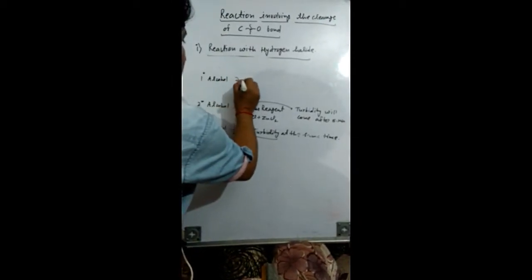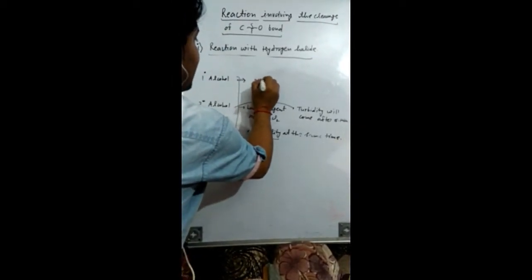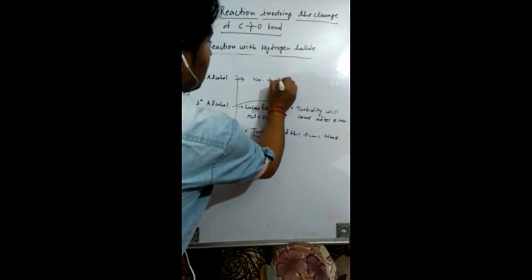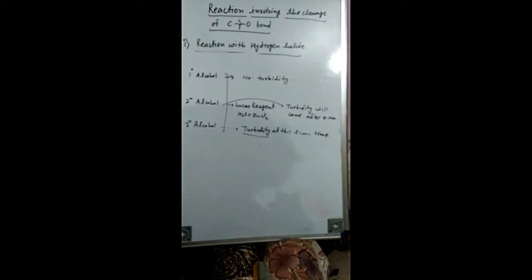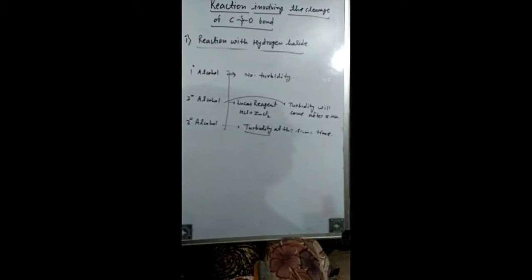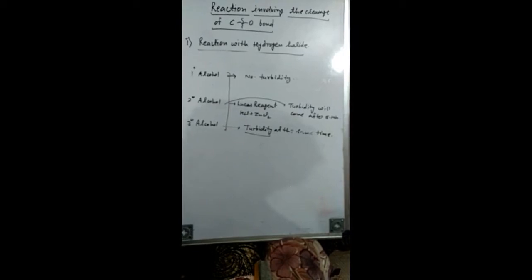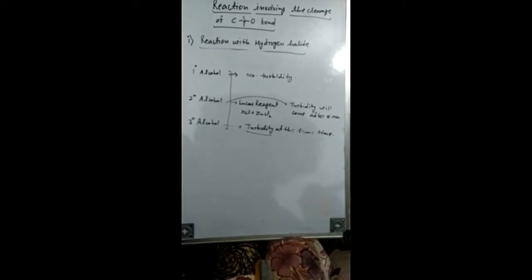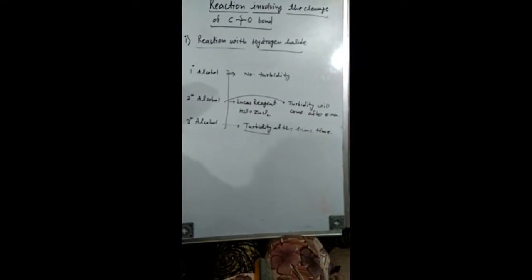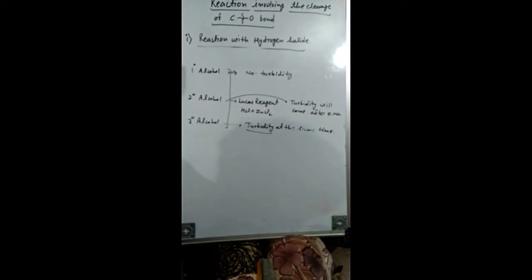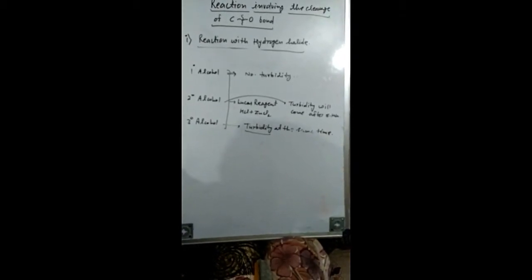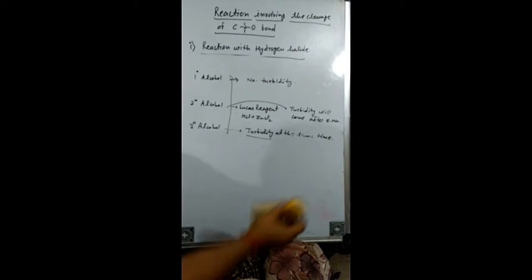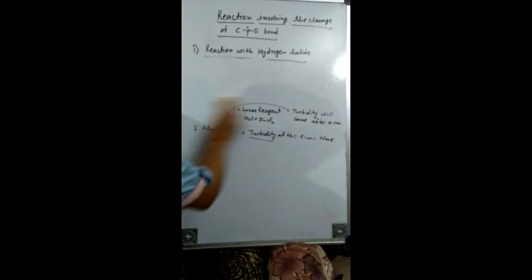And if there is no turbidity at room temperature, and the turbidity comes only by strong heating, that means this is a primary alcohol. So this is a very simple identification regarding primary alcohol, secondary alcohol and tertiary alcohol. So with this example I have discussed how the question will come in the exam.